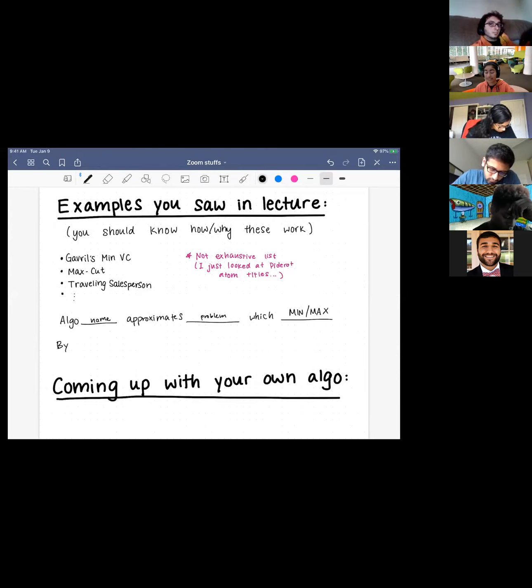And what are the main ideas behind each of these approximation algorithms? So it's doing something. So there's some key idea behind why it works. There are some steps it takes to carry out that idea. And it achieves a blank approximation. So this is like your alpha beta value.